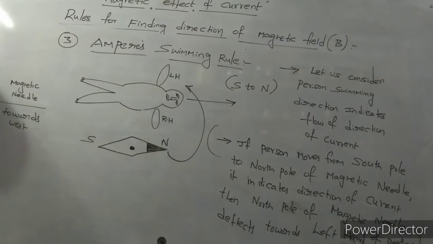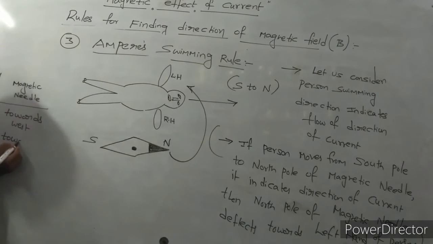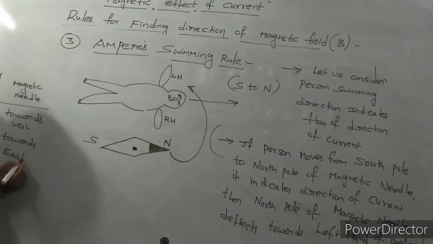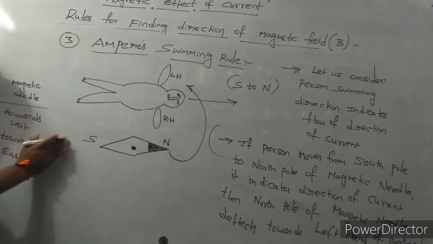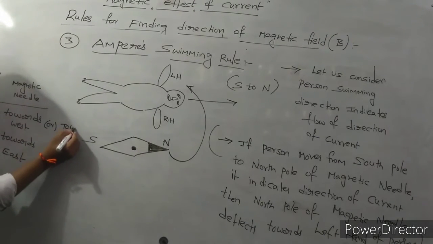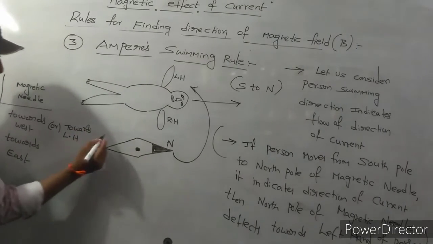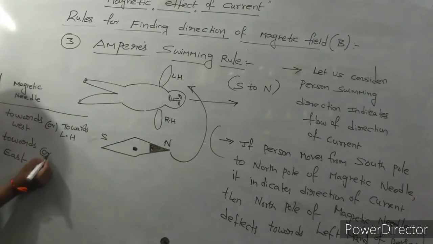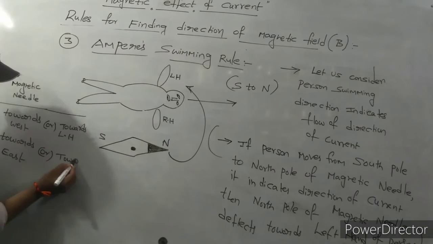If the current direction is north to south, the magnetic needle deflects towards east. So you can write towards west or towards left hand, and towards east or towards right hand.